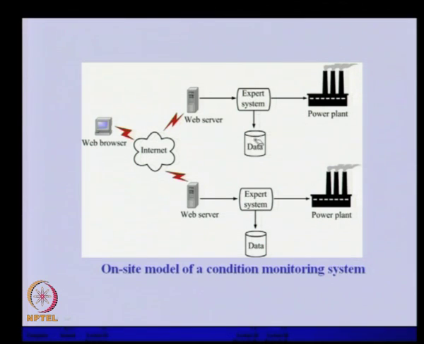This database and the online data coming to the system through the net can go to various web servers, and from there experts can view this and see the condition of the machine. If there is some unusual case, they can pinpoint that some fault has already appeared in some machine component or some subplant, or is going to happen. That kind of interface we can build for such large systems.